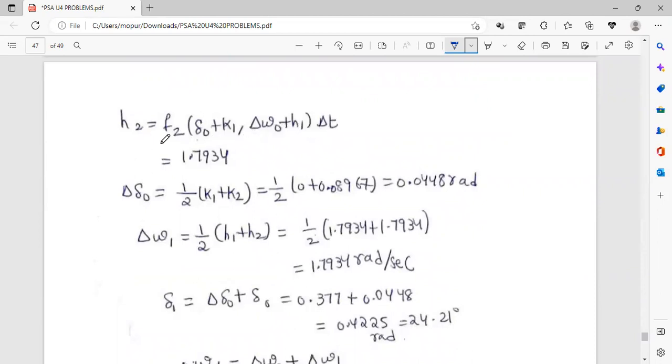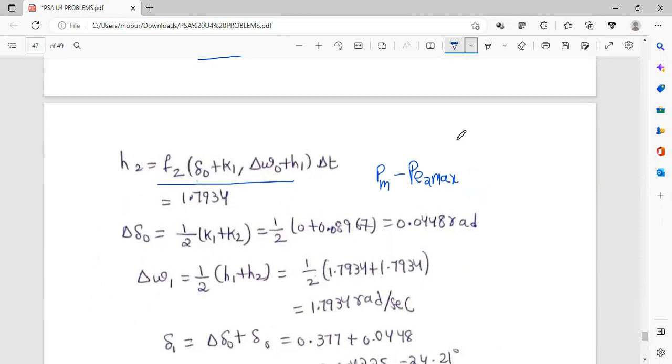So, to find this F2, what you should do? You should substitute Pm minus Pe2 max. F2, what is F2?